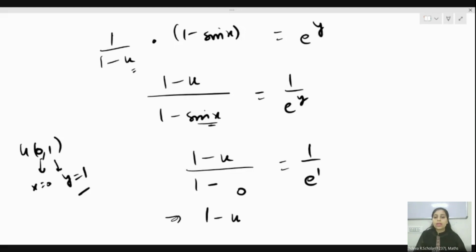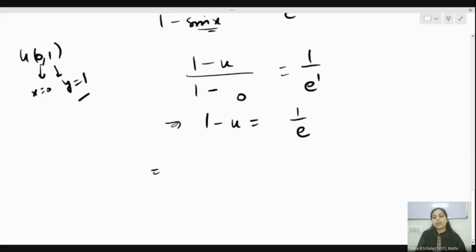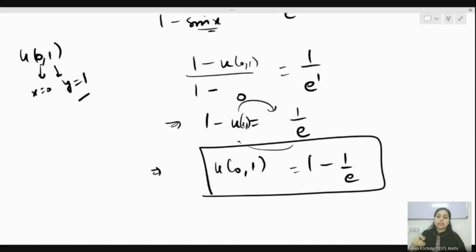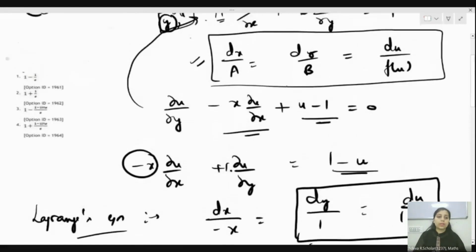So from here we get 1 minus u is equal to 1 upon e, and u at (0,1) is 1 minus 1 upon e. So that is our final answer, 1 minus 1 upon e. The first option is correct. Others will be cancelled out.